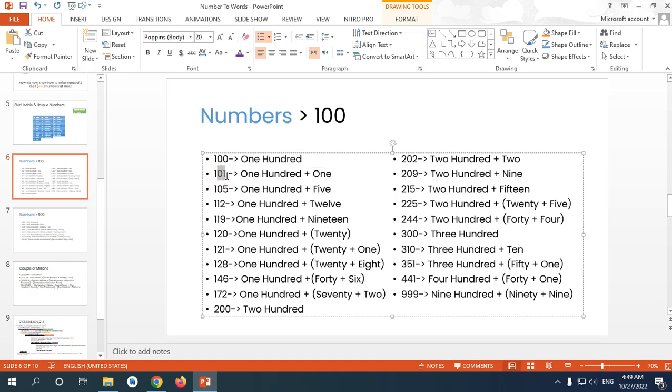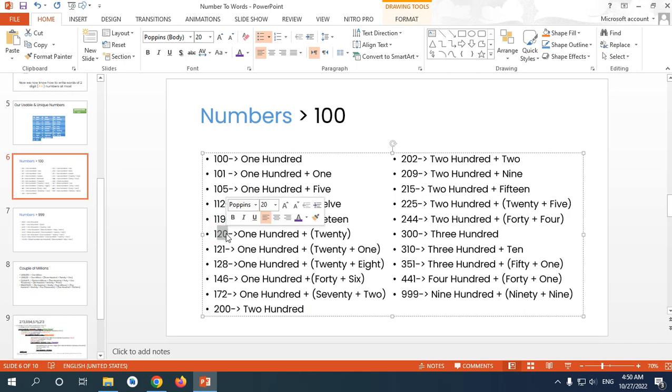So 0 and 1, which is less than 20, so it's one of the unique numbers we're gonna use. Like this, we have 1 at the left, and there are 2 digits at the right, 5 is less than 20, so it's 105. 12 is also less than 20, so its unique value, 19 is the same.